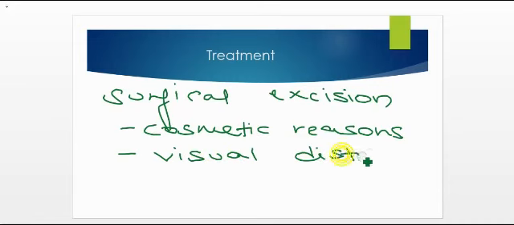Visual disturbances can be already there, or prophylactic, as you see the pterygium growing. As you see the pterygium growing, you're going to do the surgery, because if the pterygium is already on the pupillary area, you cannot perform the surgery.